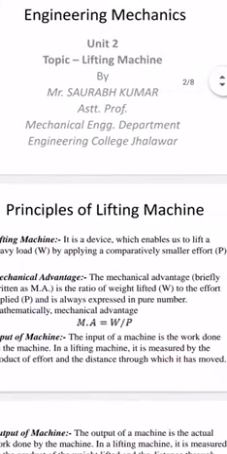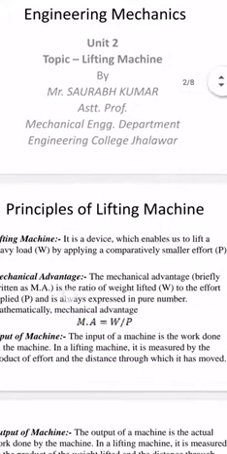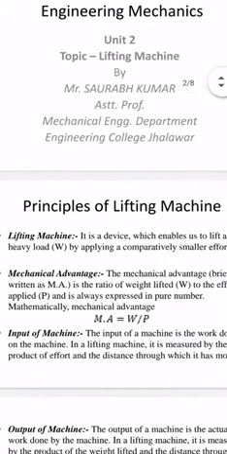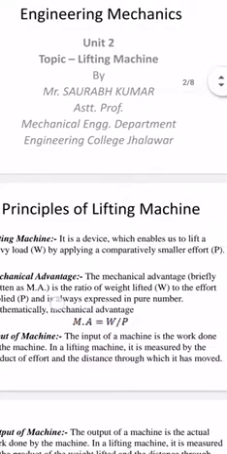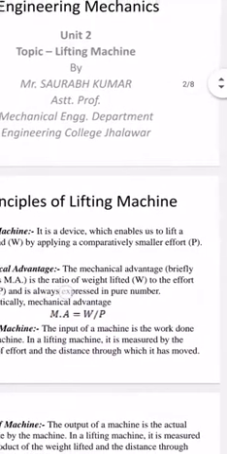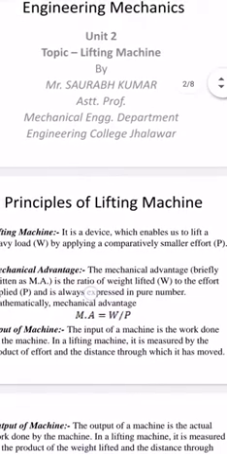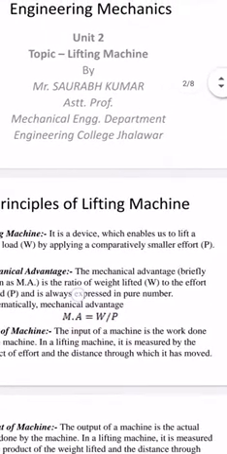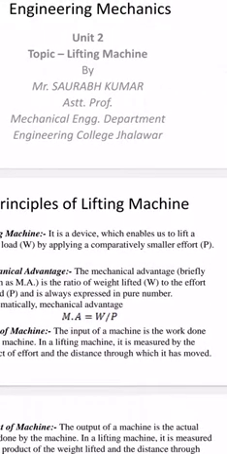It is a device which enables us to lift a heavy load by applying a comparatively smaller effort. You can easily understand that we want to lift heavy loads by applying smaller effort.